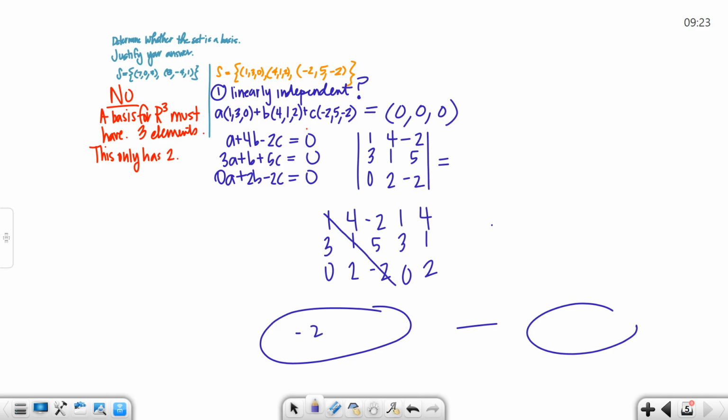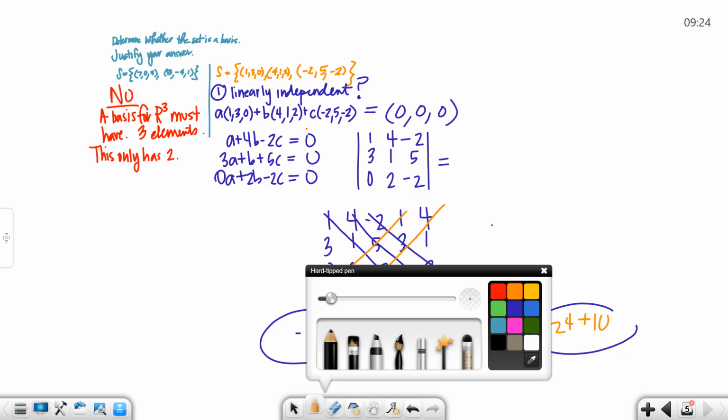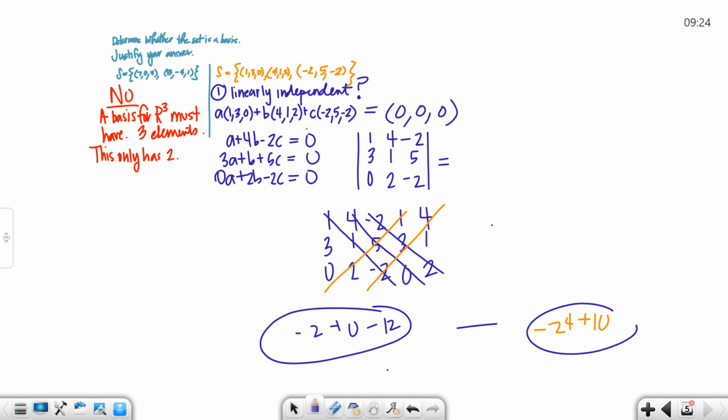So I'm going to get -2, 0, -12. And I'm going to get going the other way. That looks like -24 plus 10. So in this first one, I'm going to get -14 minus -14. So I'm going to get 0.